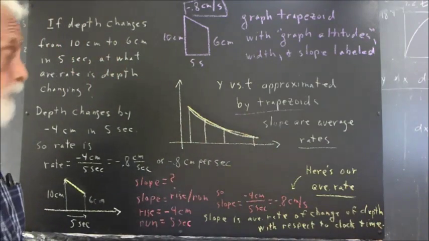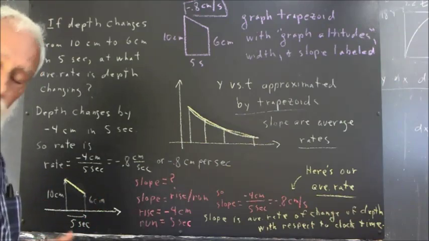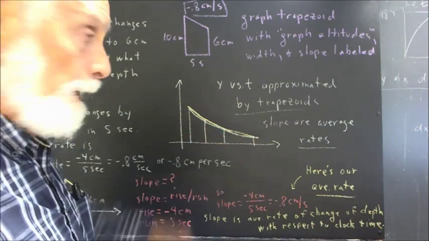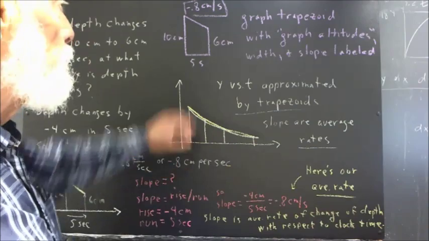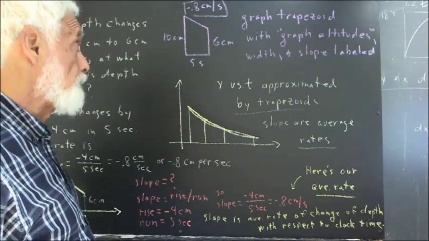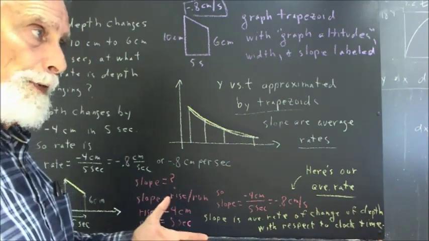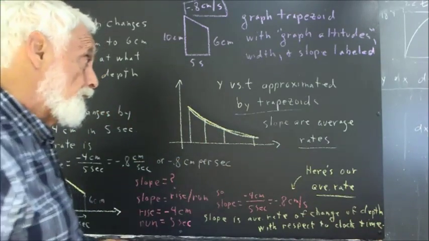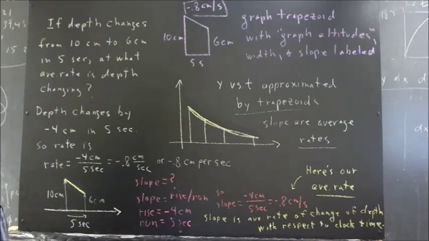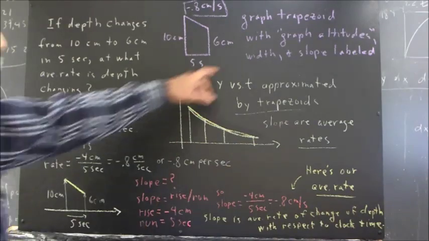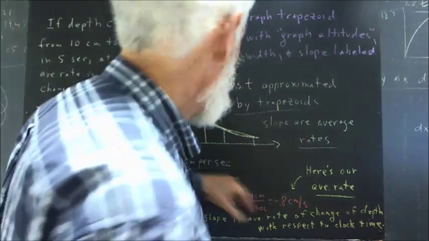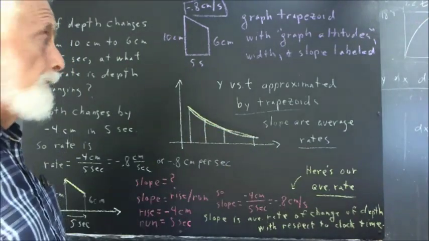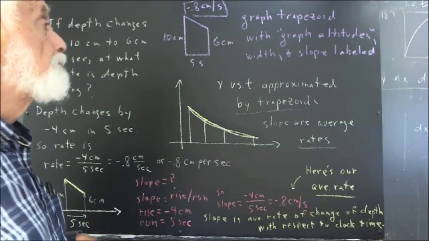Okay? Well, the point is then that we can break a graph into trapezoids, and by understanding what happens in each trapezoid, or in a typical trapezoid, we can understand a lot of things about what the graph is telling us that we wouldn't otherwise understand. So, I'm calling this a graph trapezoid, the kind of trapezoid you would get if you break a graph up like so.